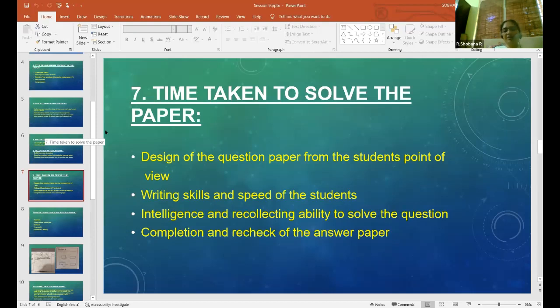They all feel satisfied when they have presented it properly. We always find students drawing lines and doing a little neat presentation at the end, after completing all the questions. So we also give time for students to do all this. The time taken to solve the paper is a very important factor while setting the question paper.